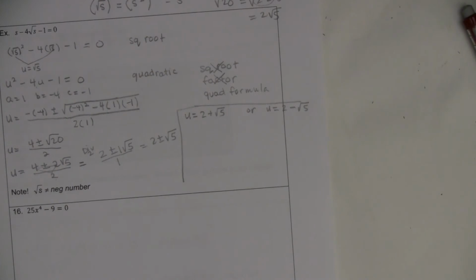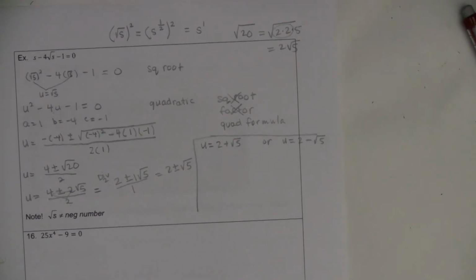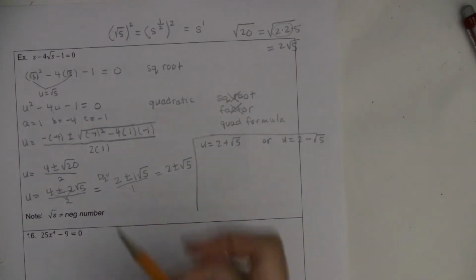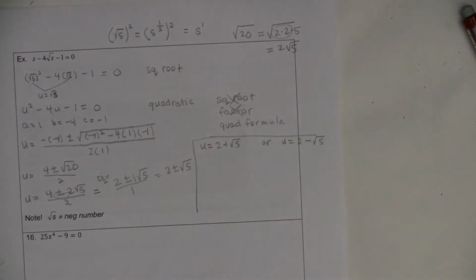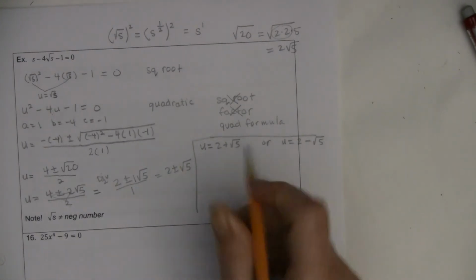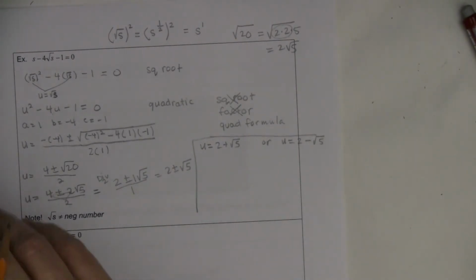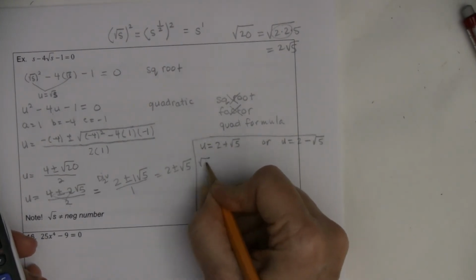Okay, and we've got to solve for x, and so we're gonna do that. U equals the square root of x, right? And so here, 2 plus the square root of 5. Now when I put this in here for U, the square root of x.